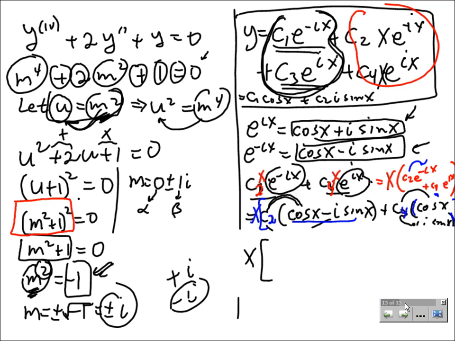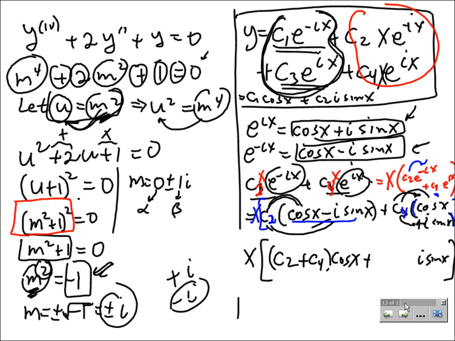How many cosine x's do you have? Well, you have C2 plus C4. How many i sine x's do you have?